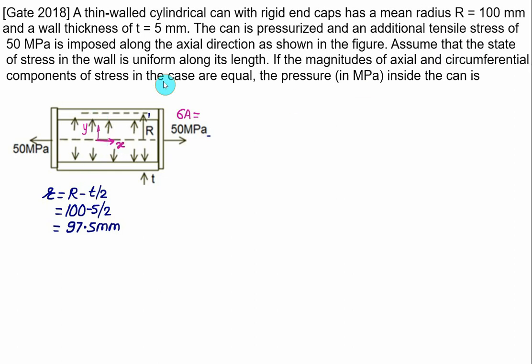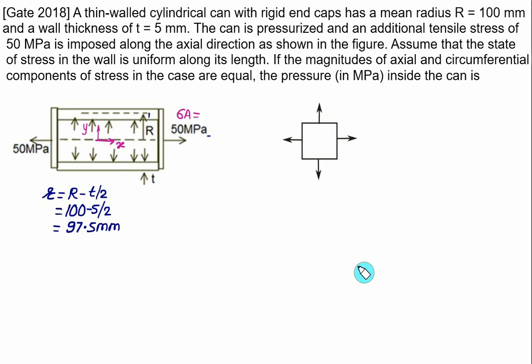Assume that the state of stress in the wall is uniform along its length. If the magnitude of the axial and the circumferential components of the stress are equal, he says that whatever stress is produced in the y direction and the total stress produced along the x direction, which consists of axial plus the tensile stress sigma A, are equal, then what is the value of pressure P you have to find out.